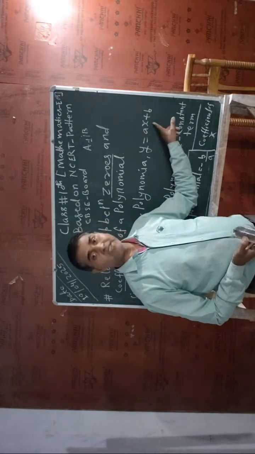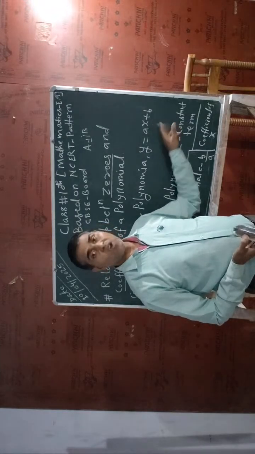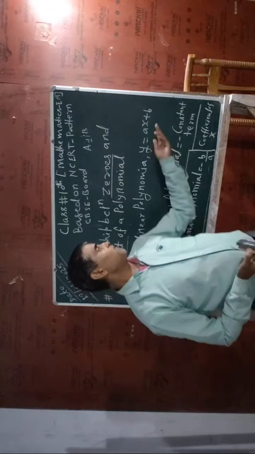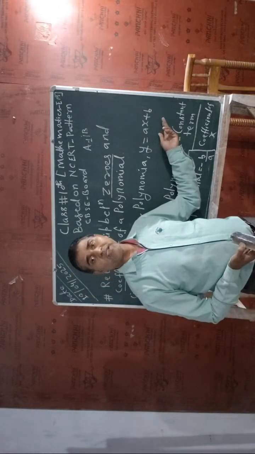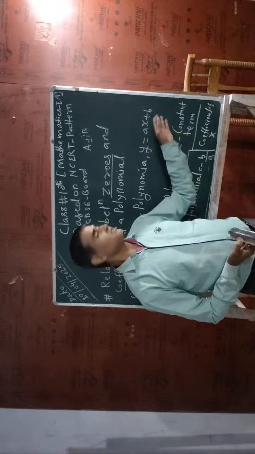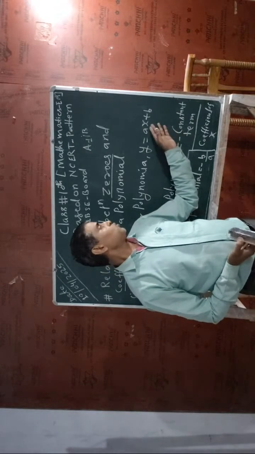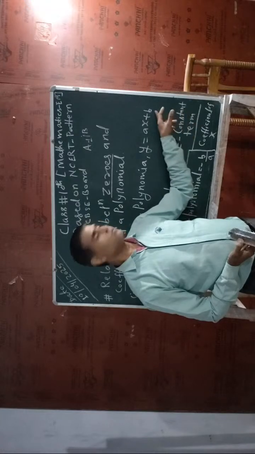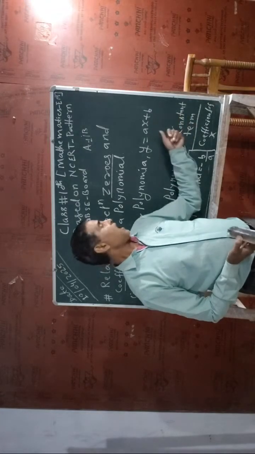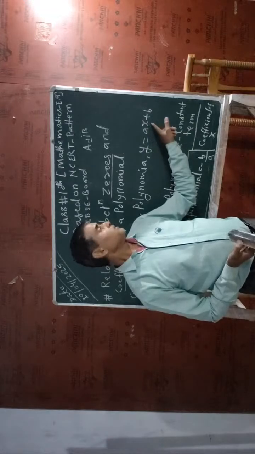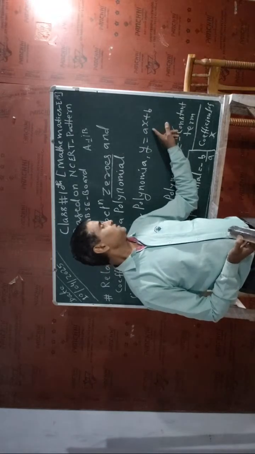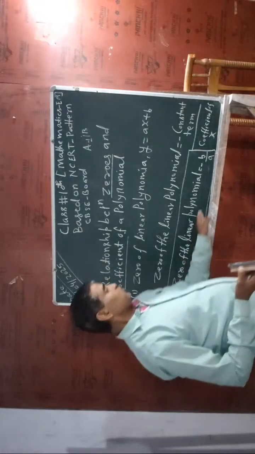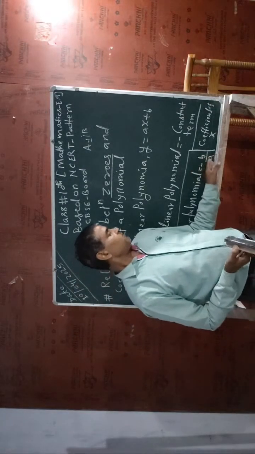X is the variable and it lies on the x-axis. So if we want the zero of the polynomial, I will write minus the constant term divided by the coefficient of x, and we put the value of the constant term, which is b, and the coefficient of x, which is a. So the zero of the linear polynomial is equal to minus b by a.